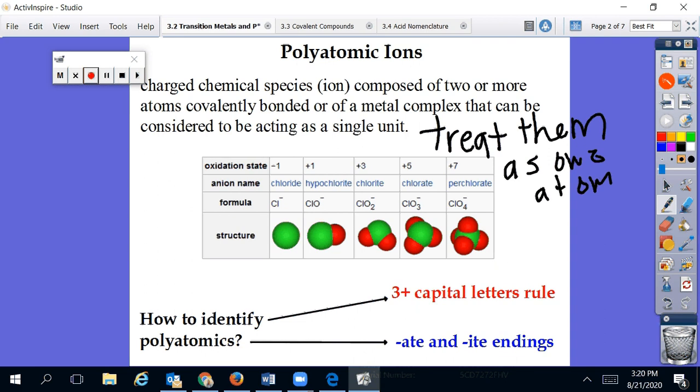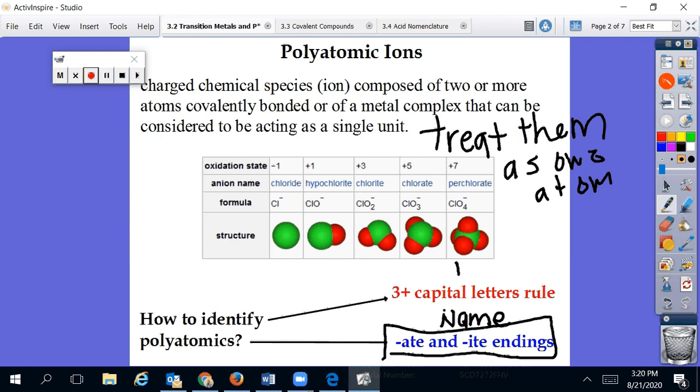And you can identify polyatomics. If you look at your polyatomic sheet, you can see that they usually, there's some exceptions to the rule, if you look at the name of a compound, if the name ends in ATE or ITE rather than IDE, then you know it could have a polyatomic in it.